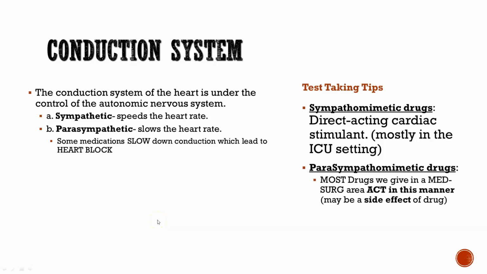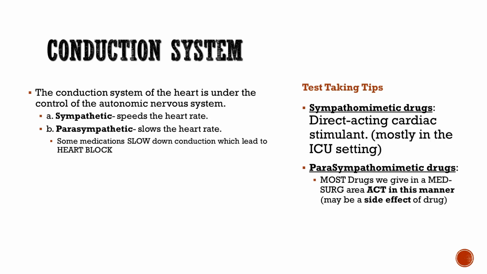We know that it's the sympathetic and the parasympathetic system that work together to speed up or slow down in response to structural changes and to stress, that have an effect on medications. We see our test taking tips over here on the right. I have seen questions that want to be super impressive, I guess, and talk about sympathomimetic drugs.